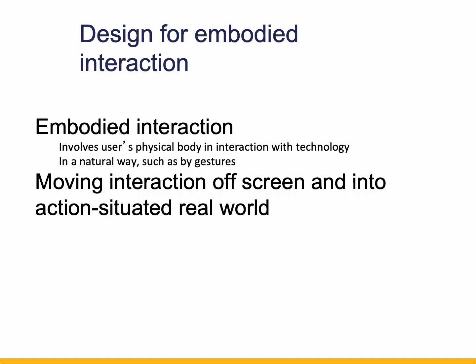The term embodied interaction is used a lot in our text. And when it's referred to in a design state, it means how a user's body is interacting with technology. But the embodiment of this is about using natural gestures, being natural with posture, exactly the way the user might interact.